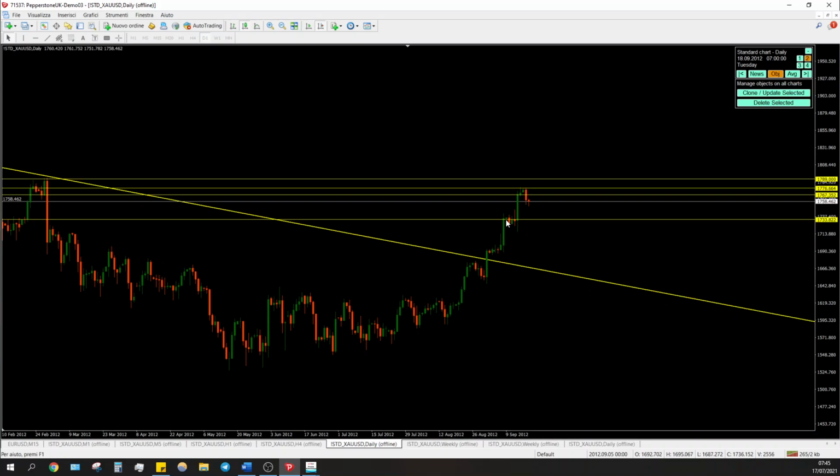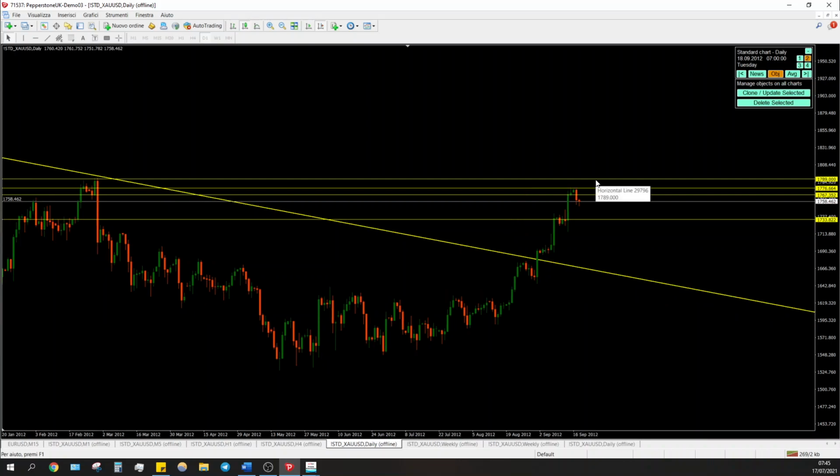We have to be, as we were pointing out, really mindful of the price sensitivity area on the left, which we signed here with the horizontal line, because that might be a huge make or break price point.